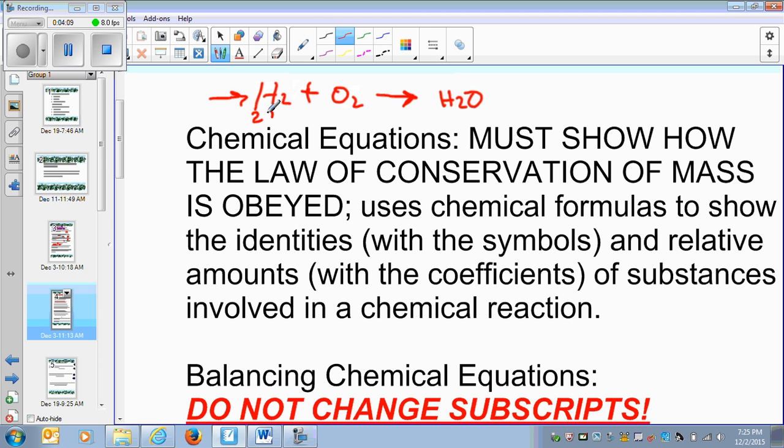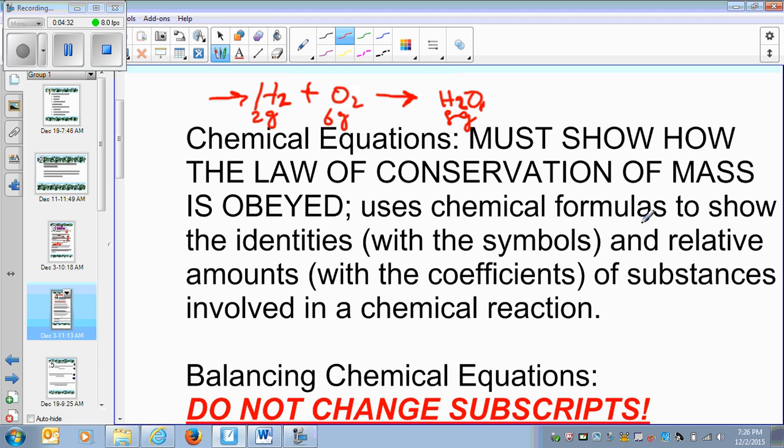If I have 2 grams of this and 6 grams of this, I must get 8 grams on the other side. Or in other words, if I have 2 atoms of hydrogen, I must get 2 atoms of hydrogen. 2 atoms of oxygen means it should be 2 atoms of oxygen, which I see only 1. That means this equation is not balanced, so we need to balance it.